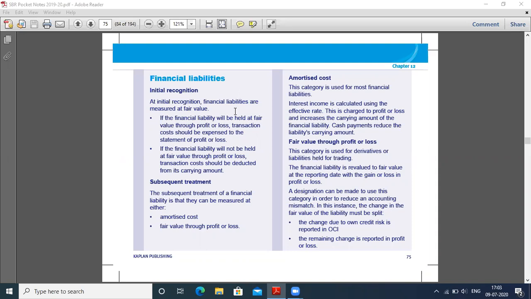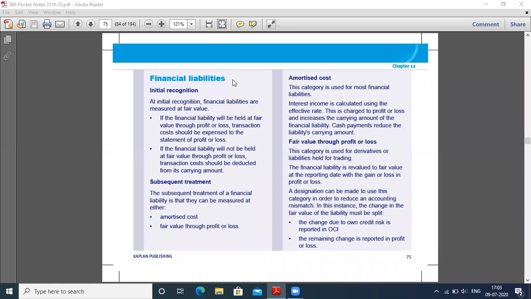If the financial liability is not held at fair value through profit or loss account, transaction cost should be deducted from its carrying amount. For a non-trading company, the transaction cost should be deducted from its carrying amount. But for a trading company, it should be shown as an expense in the statement of profit or loss account. This is a major difference you need to know.